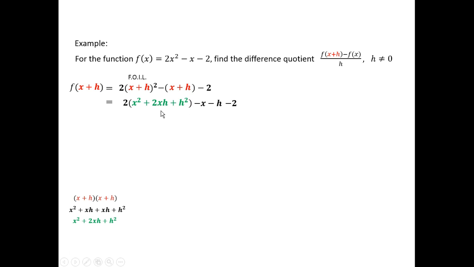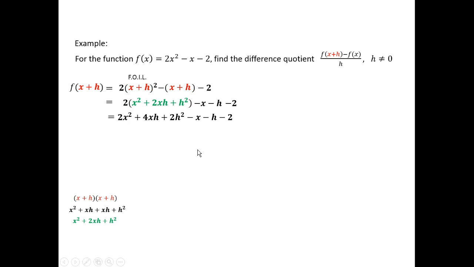We're still simplifying just our f of x plus h. I need to distribute my 2 through the parentheses. I get 2x squared, and 2 times 2xh is 4xh. 2 times h squared is 2h squared minus x minus h minus 2.